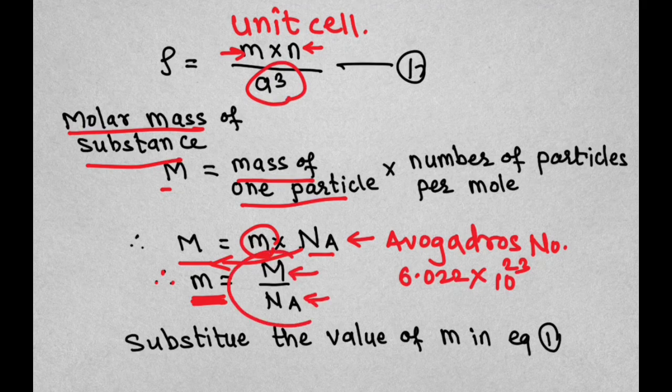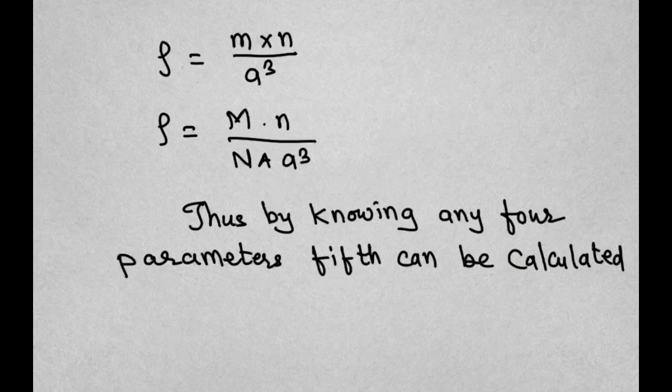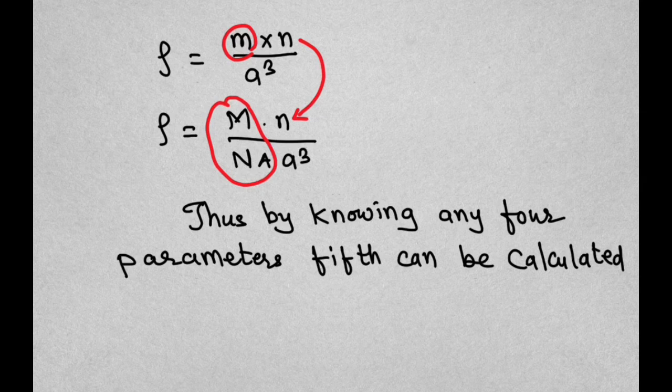Now we'll substitute this value of the mass of one particle into this equation. We get, instead of m, we'll write M upon Na. This n remains as it is, a cube remains as it is.